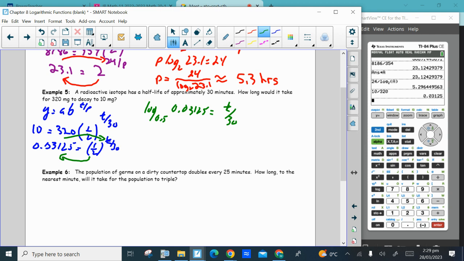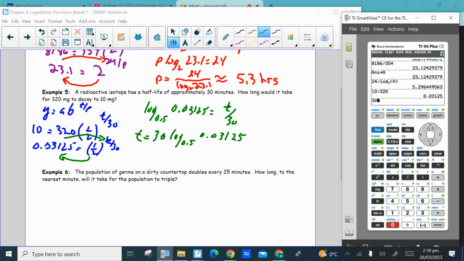So in this case, we would multiply both sides by 30 to get T by itself. And then go to the calculator.